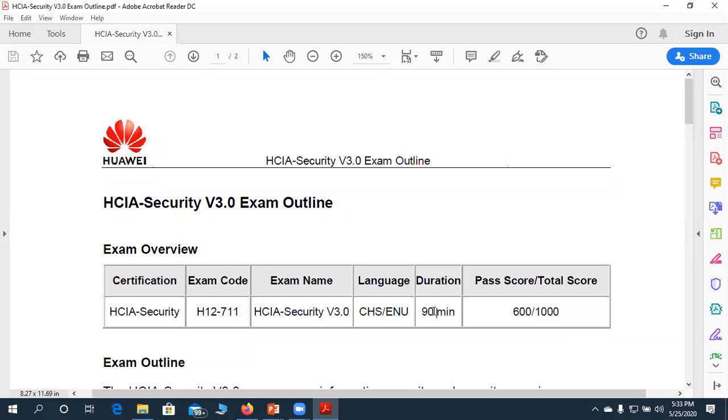And then you are given 60 questions. All right, so you have 3 types of questions. The first one is where you choose whether it's true or false. The second type is multiple choice, where you pick a single answer.